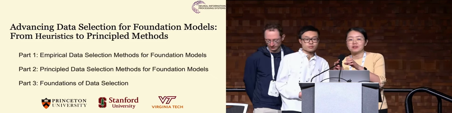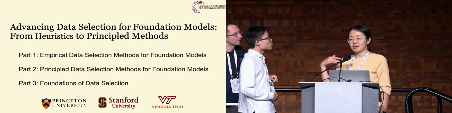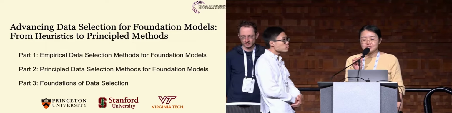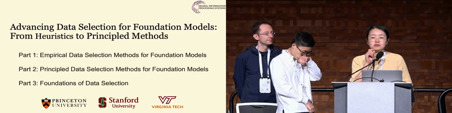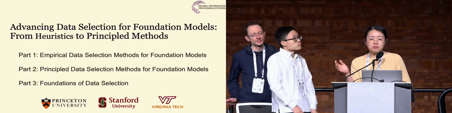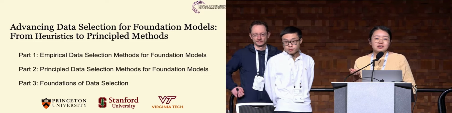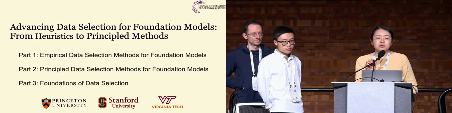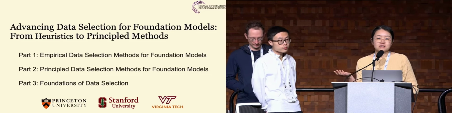Maybe I can quickly comment on your question. There is one paper, not from any of us, that shows it's not the case that the larger the proxy model is, the better the approximation is. So in general, there isn't a clear trend about how to design the best proxy model.